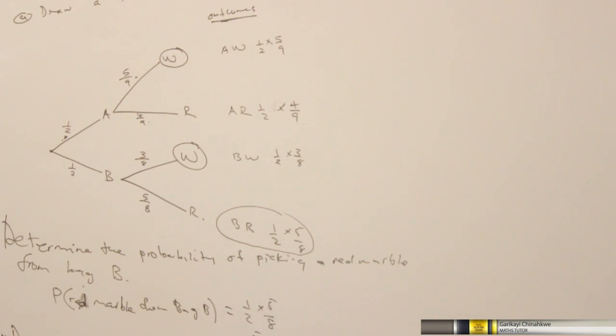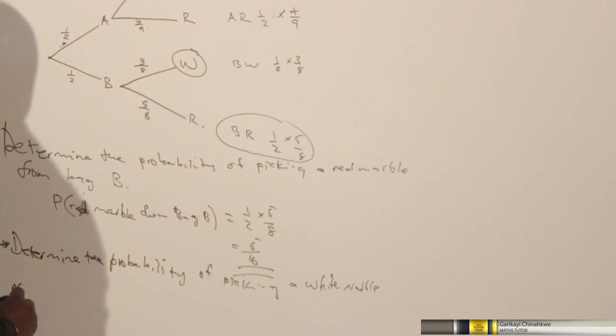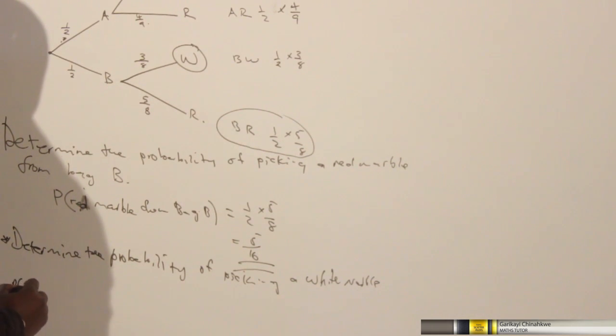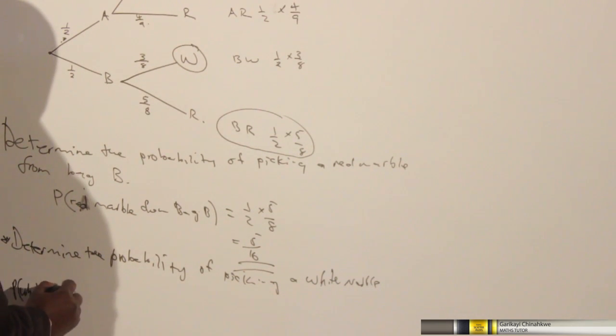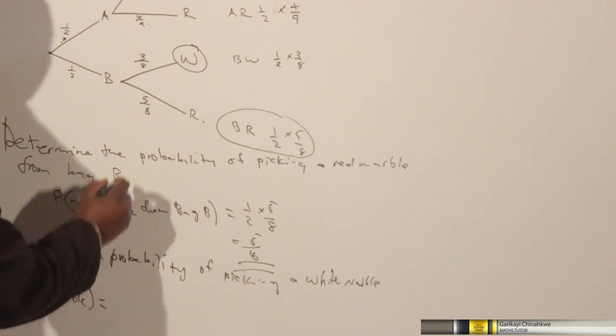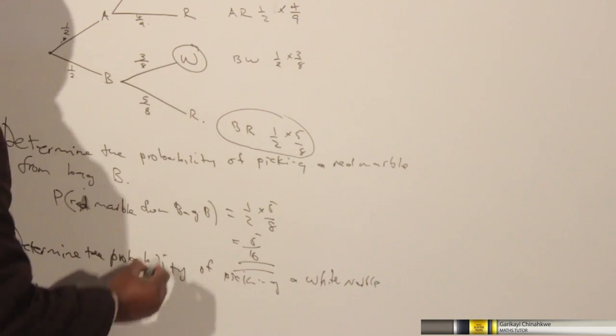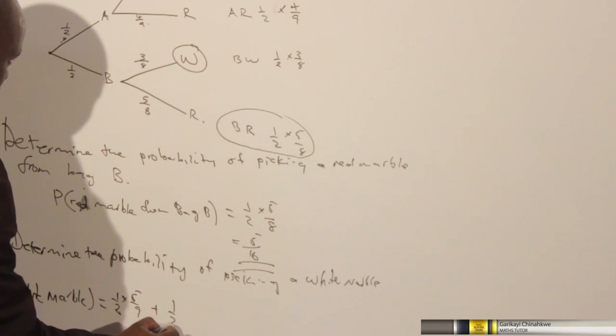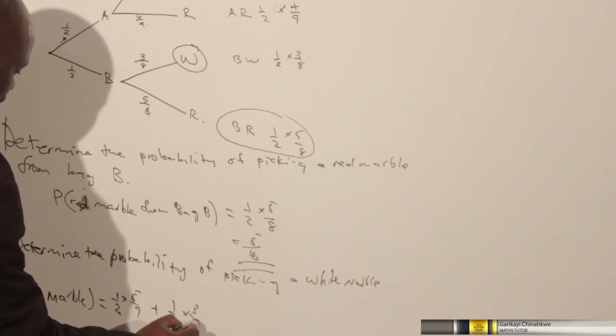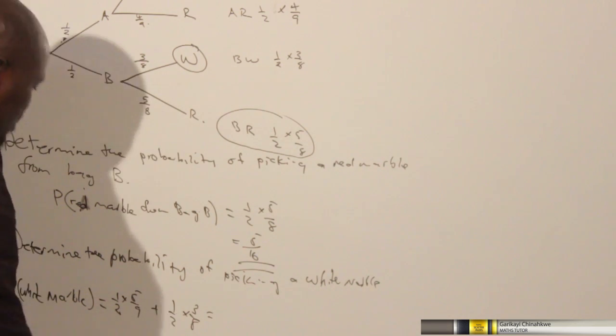So in other words, you're going to say probability of picking a white marble is equal to half multiplied by 5/9, which is this one, plus half multiplied by 3/8, which gives us, I'm going to use the calculator quickly.